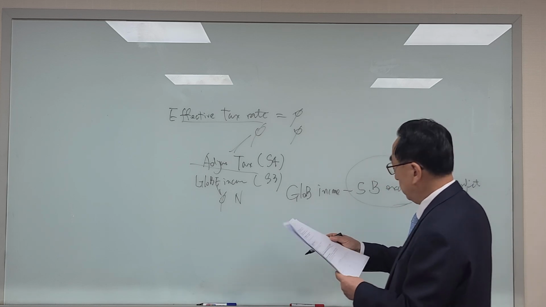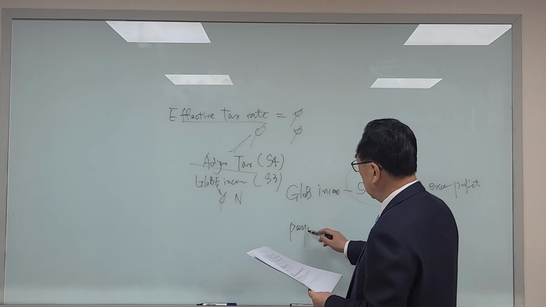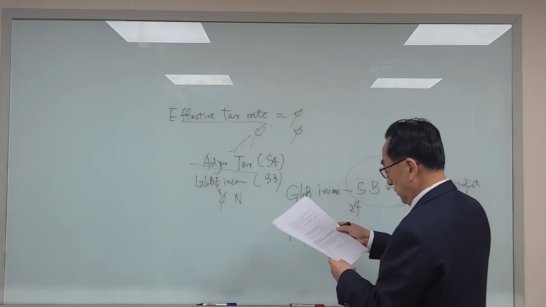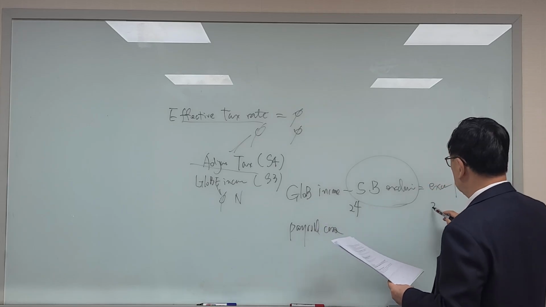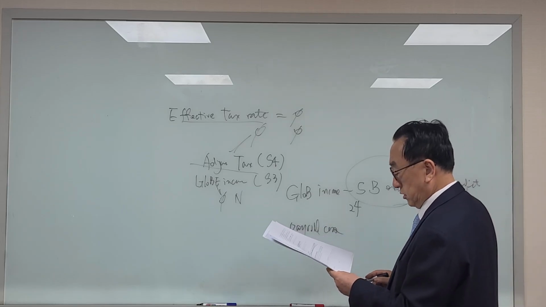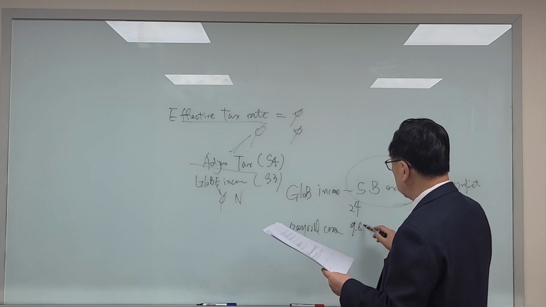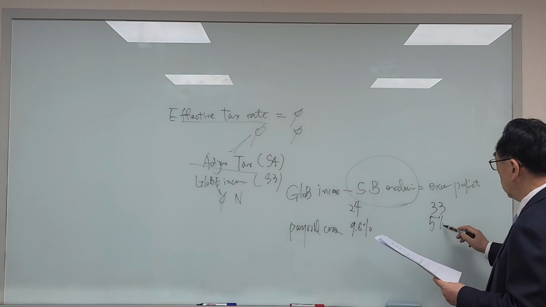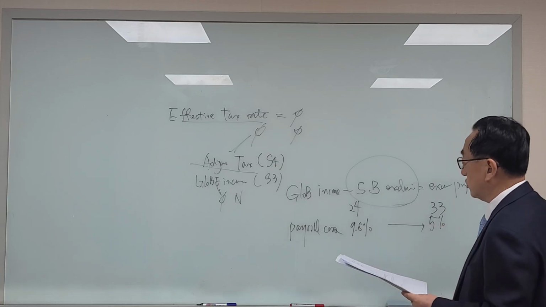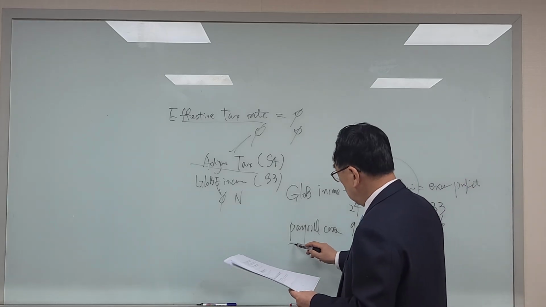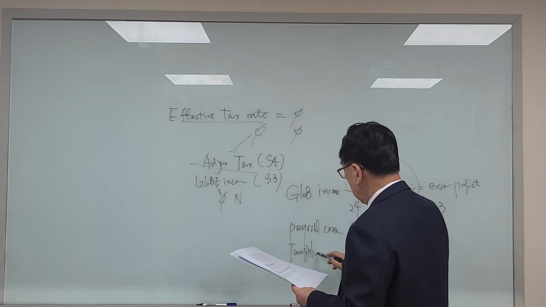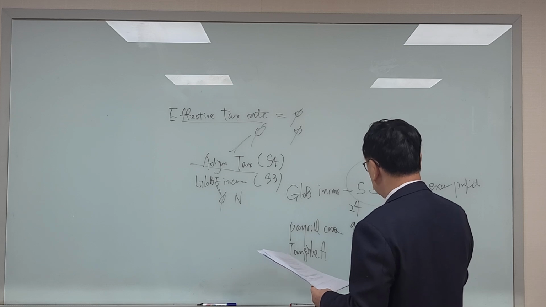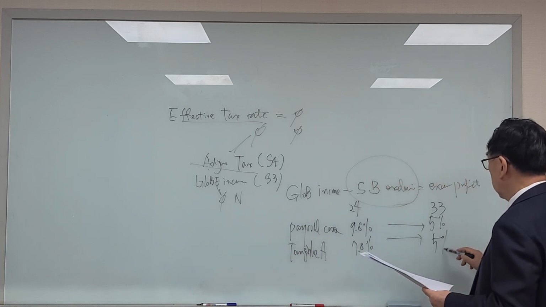And the rate is, for instance, for payroll cost in 2024 and in 2033: in 2024 this is 9.8%, and in 2033, 5%. This will be gradually diminished. And also the tangible assets, 7.8% to 5%.